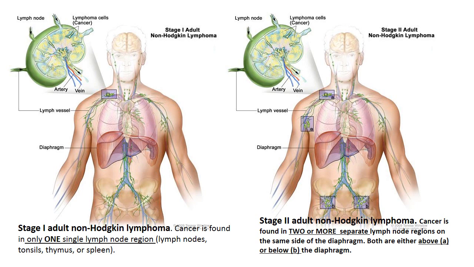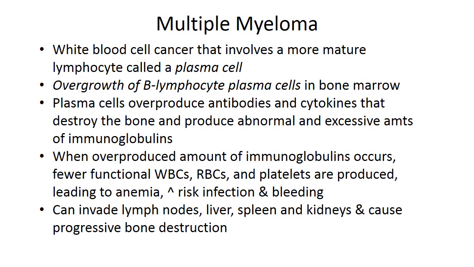It could also be below the diaphragm, as in these bottom ones, where you can have your inguinal lymph nodes present, and both of those below. As you can see, there are a ton of lymph nodes throughout our body, and as long as cancer is in 2 or more separate lymph node regions above or below the diaphragm, but on the same side, that is definitive of stage 2 adult non-Hodgkin's lymphoma.